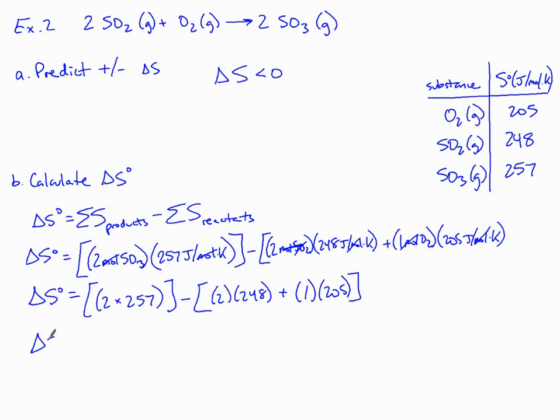It should come out to a standard change in entropy of negative 187 joules per Kelvin. And just like we predicted, it is less than 0. Remember, less than 0 means entropy decreases and the system is becoming less disorderly. There are going to be fewer possible arrangements for the products compared to the reactants.